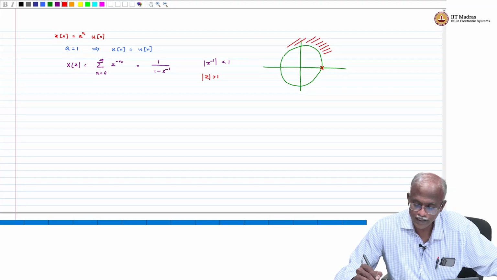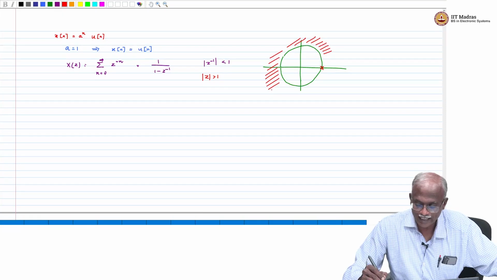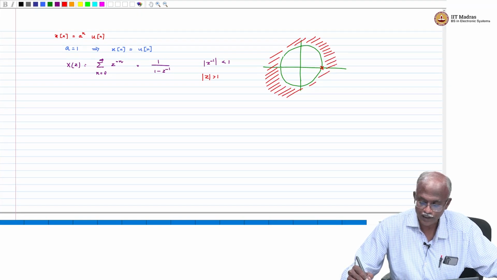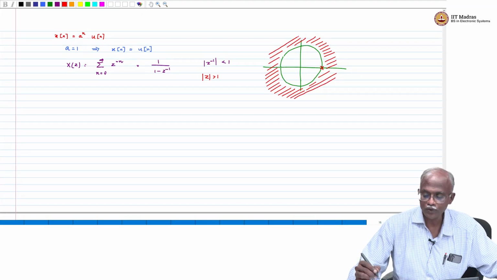Everywhere outside is acceptable. Okay, so notice I am drawing it carefully not to touch the circle, because the condition is mod Z strictly greater than 1. It is not greater than or equal to 1, it is strictly greater than 1. So, you can go as close to the circle as you want, but you cannot touch the circle. So, that is the region of convergence of the Z transform of the unit step.